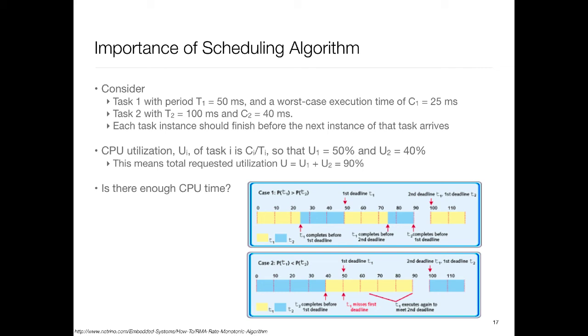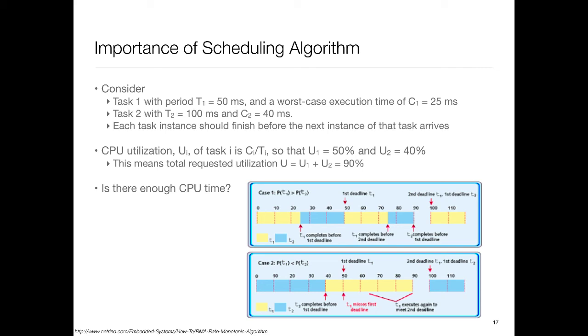So it's not the percentage CPU time. What matters is frequency. That is, if we make the more frequent task the higher priority task, and I still cannot schedule it even with that, I cannot schedule it any other way, at least with static priority.